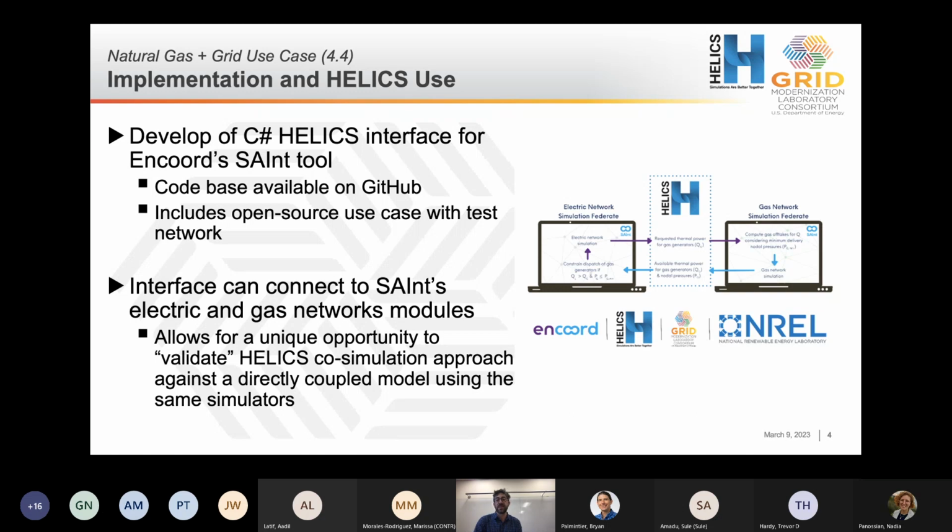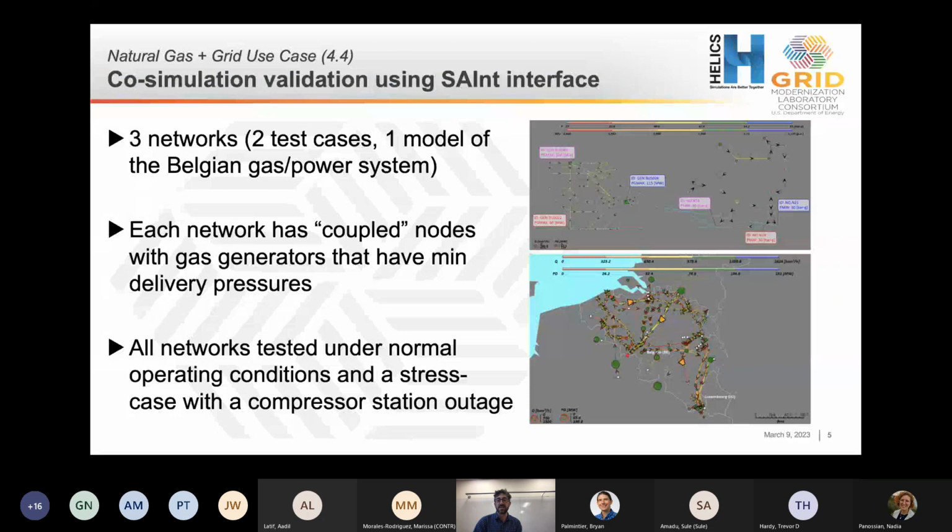One of the things we pursued was to test this across a variety of cases. We looked at 3 different networks: 2 test systems, and a larger system that was representative of the Belgian gas and power system. This starts to approach a real system that has real dynamics and is interesting to look at. Each of these systems had coupled nodes where there were gas generators that had minimum delivery pressures.